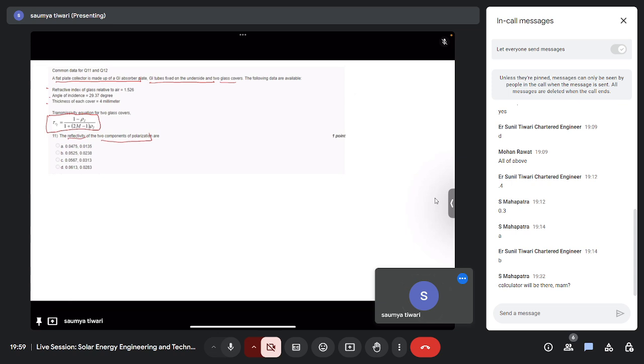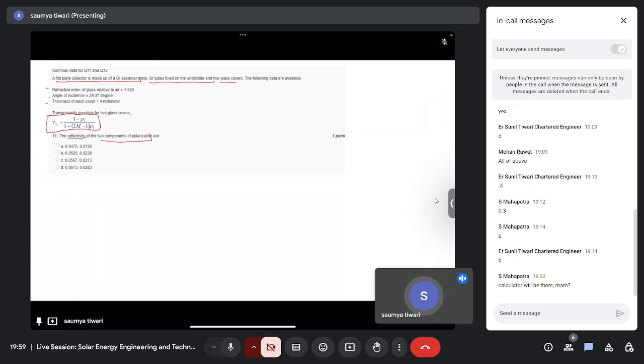So you can try this equation, this question, and meanwhile, since we don't have much time left, I'll also solve the question with you. Okay, let's solve this question.